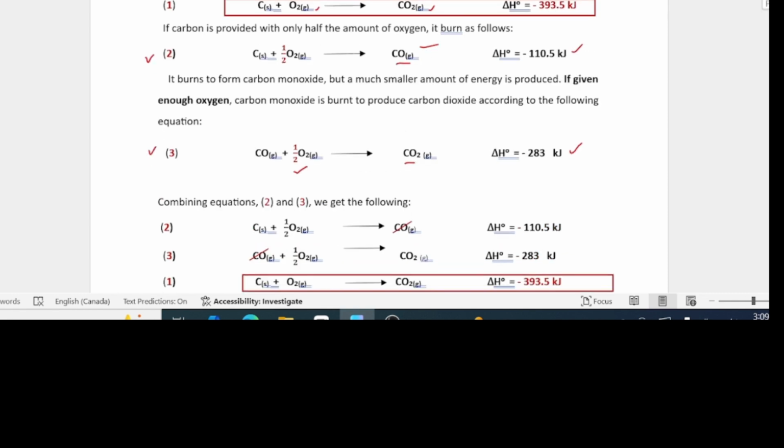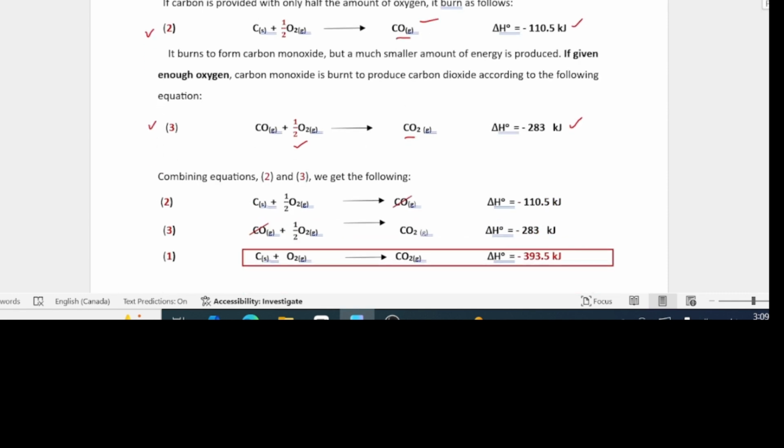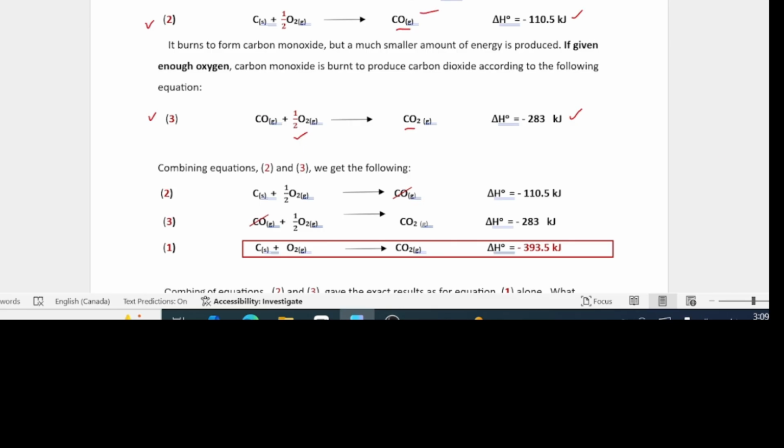If we combine equations 2 and 3, look what we get. So we bring down equation 2 here. So that's equation 2. We bring it down there with its energy content. And this is equation 3 here. We bring it down here along with its energy content. When you add these two equations, look what happens.